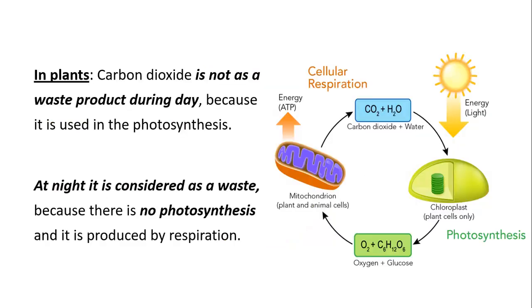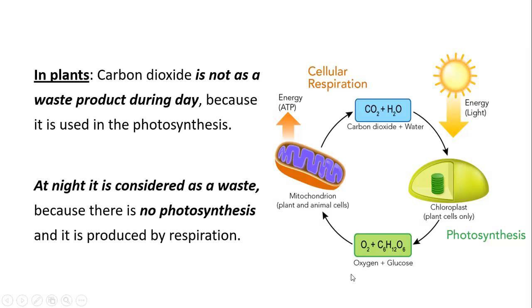So in plants, actually carbon dioxide, which is a waste product from aerobic respiration, as in us or even plants, all eukaryotic cells, actually it's not a waste product in the morning. Why? Because in the morning, chloroplasts will pick up this carbon dioxide and do the opposite reaction, which is photosynthesis, to produce oxygen and glucose.